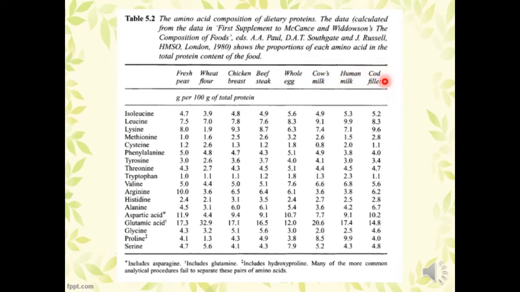So the most important source of protein, if you notice here, are grain, oil seeds, legumes, followed by meat and milk.